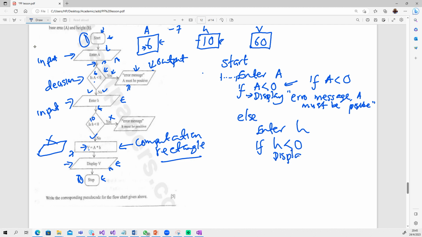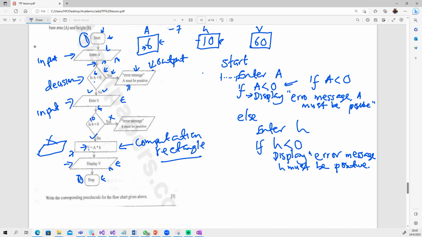I'll display this error message, h must be positive.